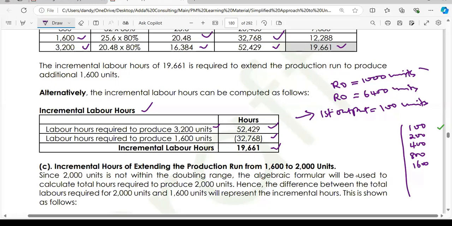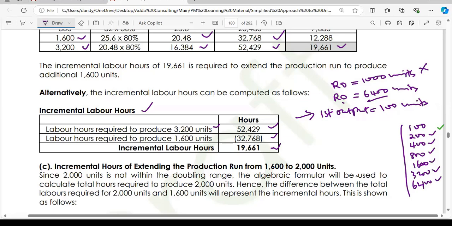In the second example I gave, the required output is 6,400. Output in the first batch is 100 units. How can I double 100 to 6,400? Yes, because I can double 100 to 200, 200 to 400, 400 to 800, 800 to 1,600, 1,600 to 3,200, 3,200 to 6,400.